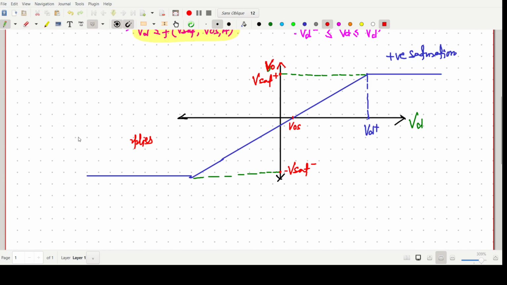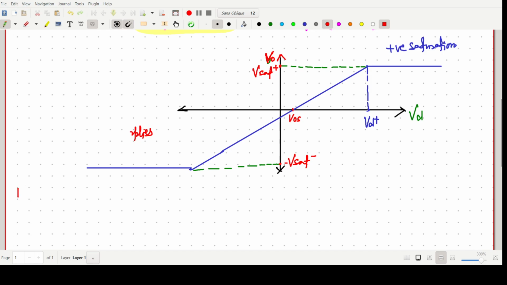For the positive saturation region, we have to find the condition. It is very easy. We have to use the concept of a straight line. For the time being, take this coordinate as the point Vd plus and V sat plus.